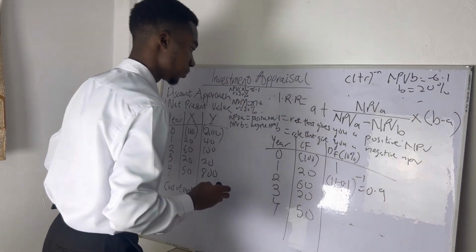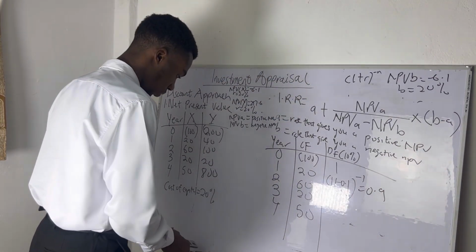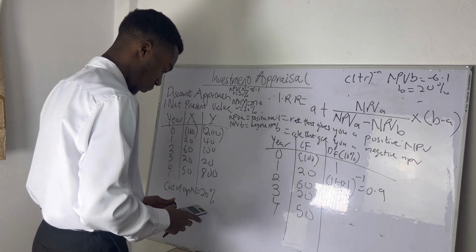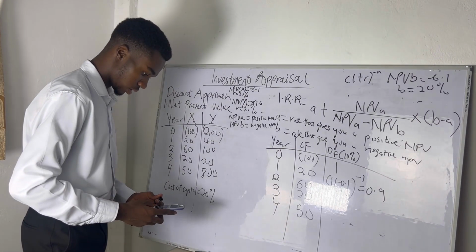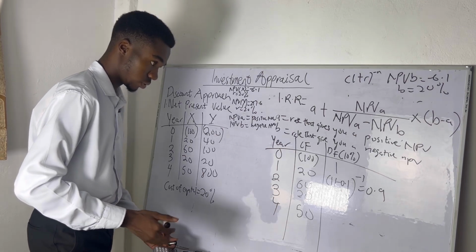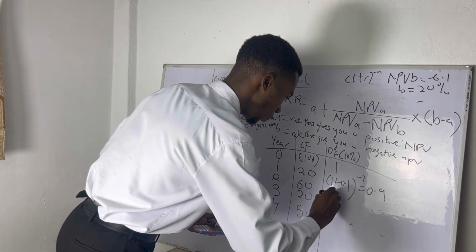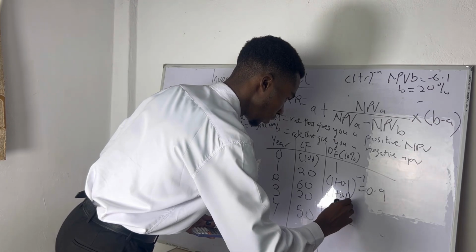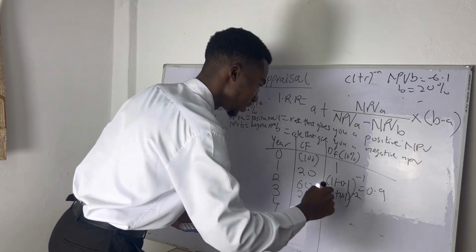Then year 2 is 1 plus 0.1 exponent negative 2, and we have 0.82, because you're in the second year.